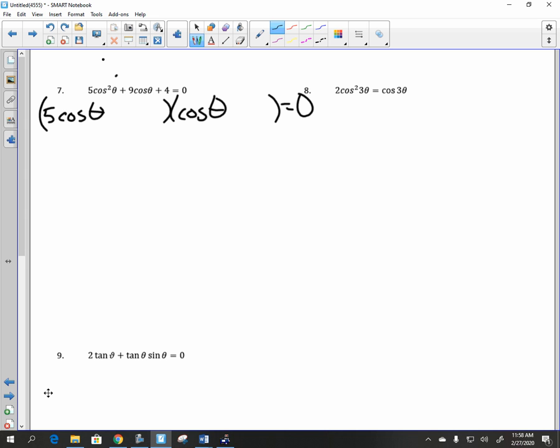We're going to factor it like a trinomial. 5 cosine times cosine is 5 cosine squared. Now I've got 4 on the end, so I'm either going to have 4 and 1 or 1 and 4 or 2 and 2. We know how this is going to work out. Plus 4, plus 1.